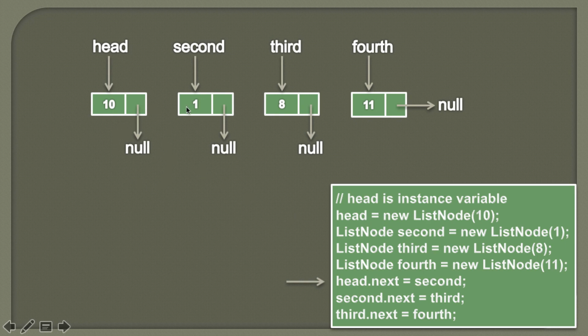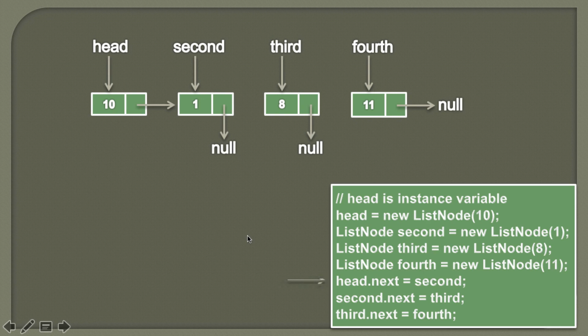To connect these two nodes, we assign the value of second to head's next. Second is pointing to the node having data as 1 and head's next is pointing to null. If we assign the value of second to head's next, then instead of pointing to null, it will now point to the second node because second is pointing to this node.